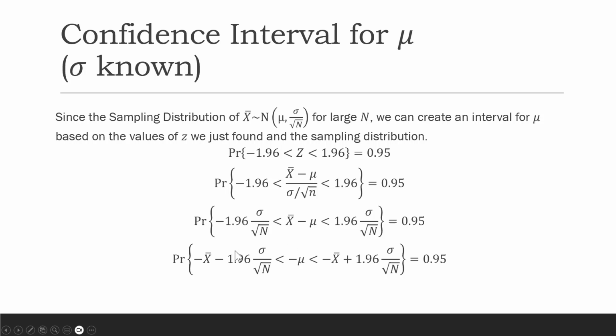So when I multiply all of this stuff by negative 1, they both become positive. So negative x bar becomes a positive x bar when I multiply by negative 1. Same thing for this expression here. And these become the opposite signs. But I have to switch my inequality symbol, so it's going to be greater thans when I do that.